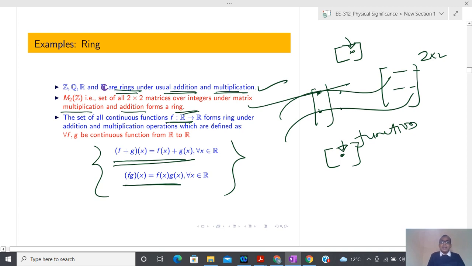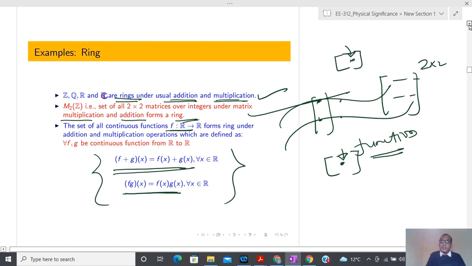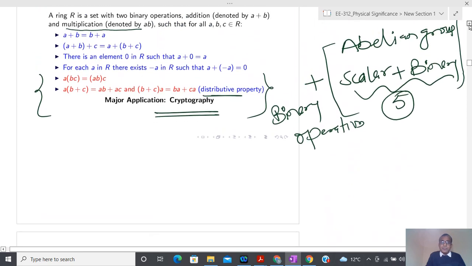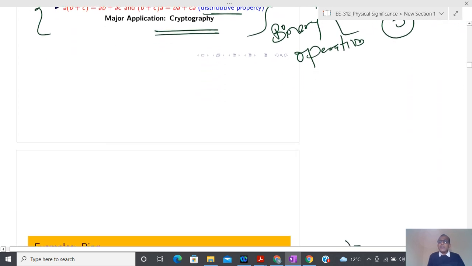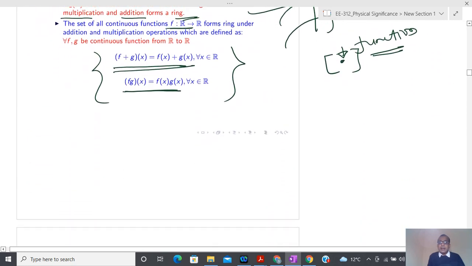So in this way we see that in a space of vectors, matrices or functions, if I define two different binary operations and select the proper way, then all the properties will be satisfied. In this way we have given some examples of a ring.